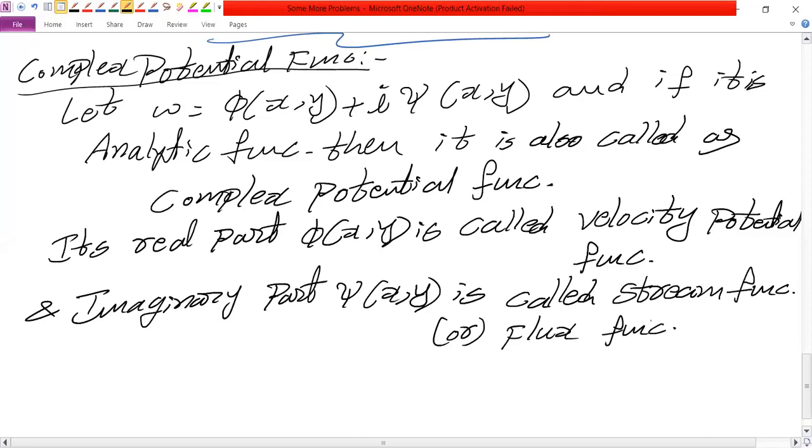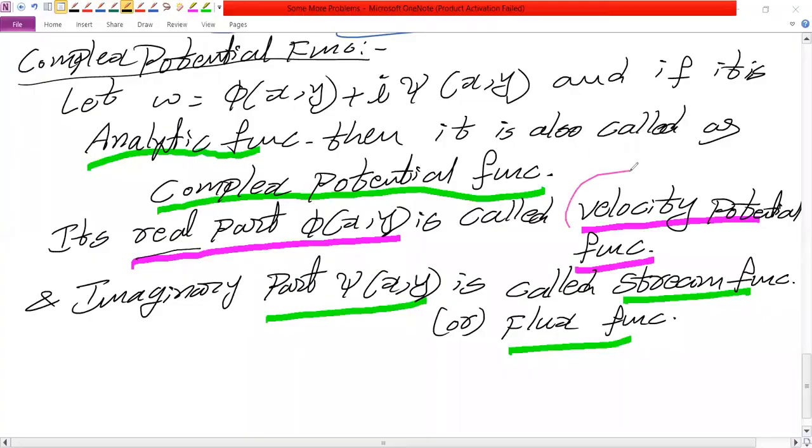Now here, phi and psi, will they satisfy the Laplace equation? Yes or no? Phi and psi both satisfy the Laplace equation. If they provide a u function, that is a velocity function, they are asking to find the analytic function.